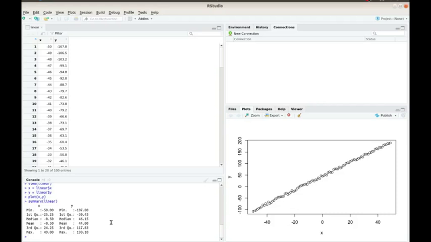The median and mean are pretty well identical at minus 0.5 for x, and 46 median and 44 mean for y. Of course, that's because it's not truly a linear equation. I have a bit of randomness in it.